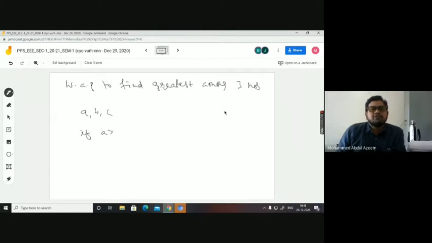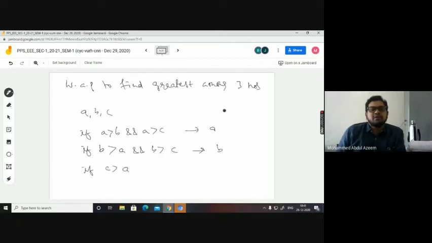So I can say if A greater than B and A greater than C, then you say A is greater. Yes or no? In order for A to be greater, it should be greater than B and as well C. Similarly, if B is greater than A and B is greater than C, then you say B is greater.